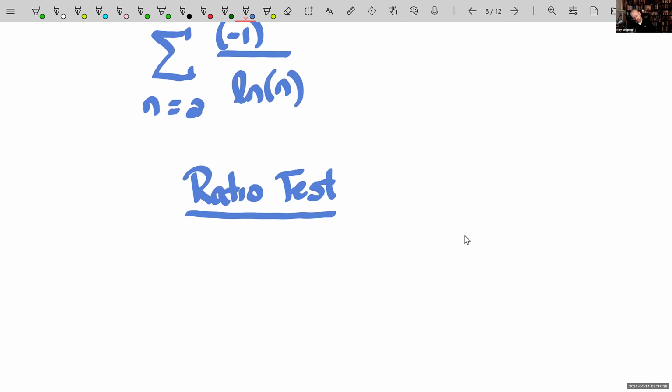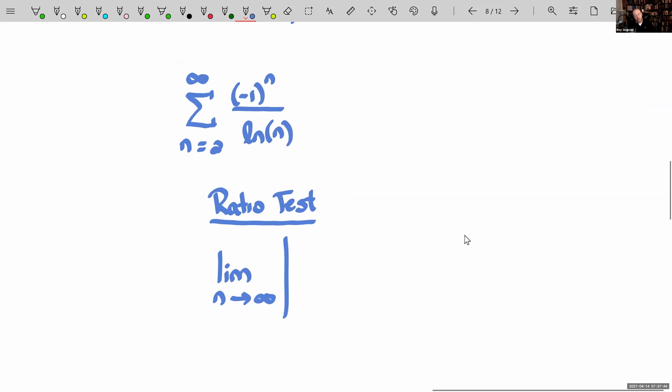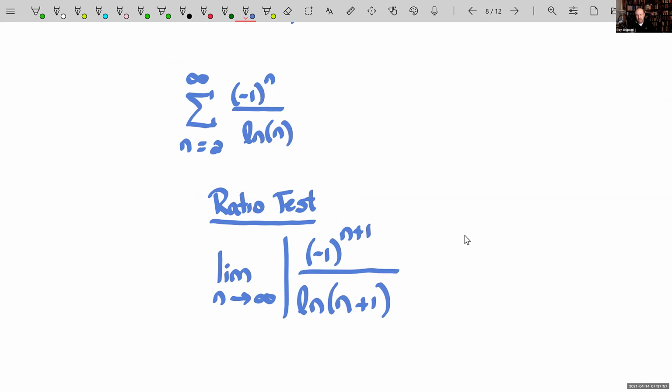Okay. So ratio test here, we're going to take the limit as n tends to infinity of the absolute value of the n plus first term. Now, here's the deal. I mentioned it last time, but if I test the n plus first term, there's really no need to write that negative 1 in there, right?